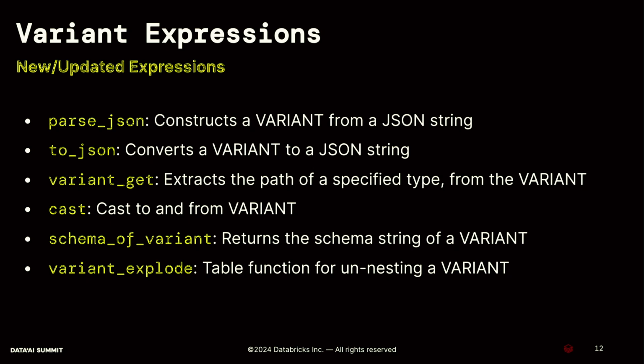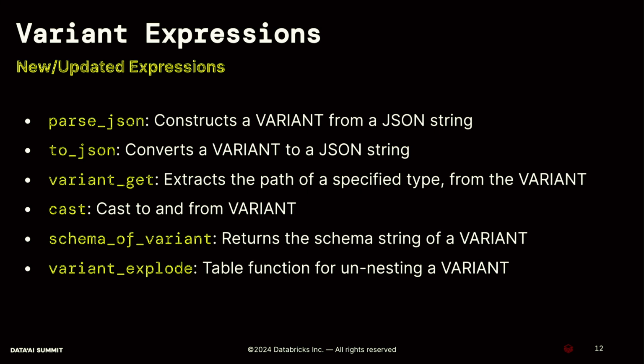As I mentioned before, we also added new variant expressions to Spark. And here are some of the main ones. The first one is parse JSON. This is the main expression to create a variant object. It takes in a JSON string and produces a variant. ToJSON is the opposite direction. It takes a variant and produces the JSON string.